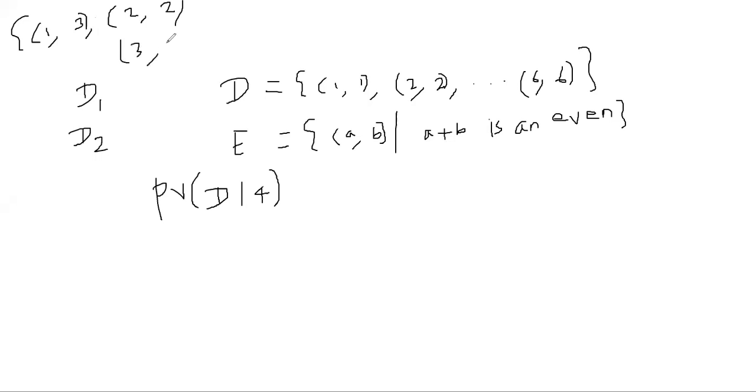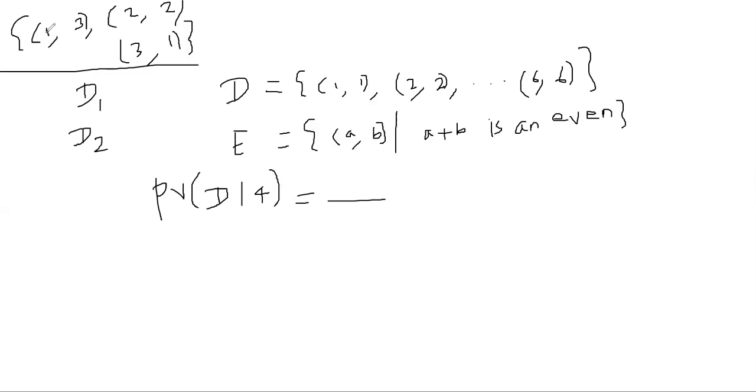These are the 3 possible pairs that could have given you a 4. So what is the probability that you get a double given that 4 has happened? 4 has happened, and we are asking what is the probability it is a double.